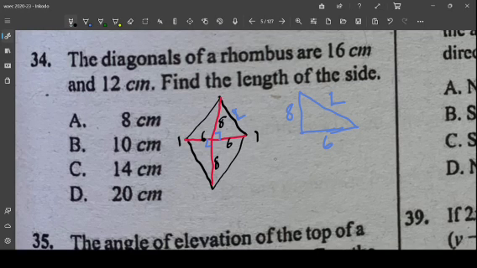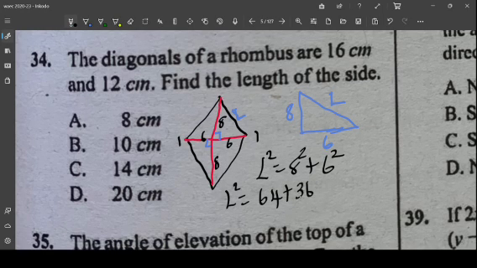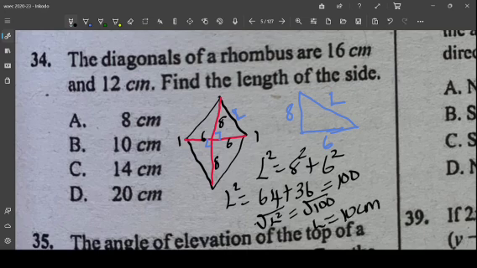By Pythagoras theorem, length squared is equal to 8 squared plus 6 squared. So length squared is equal to 64 plus 36, which is 100. Taking the square roots of both sides, the length is equal to 10 centimeters. That is the length of the side of the rhombus.